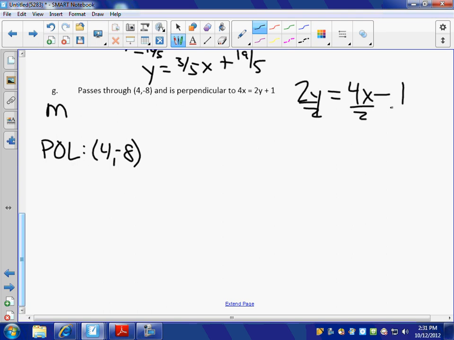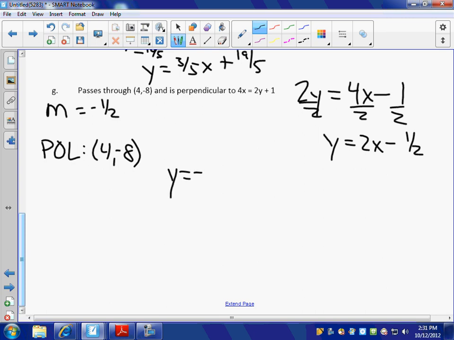Divide by 2. Y equals 2x minus 1/2. So, what is going to be my slope? Because of the opposite reciprocal of 2. So, negative 1/2. Very good.